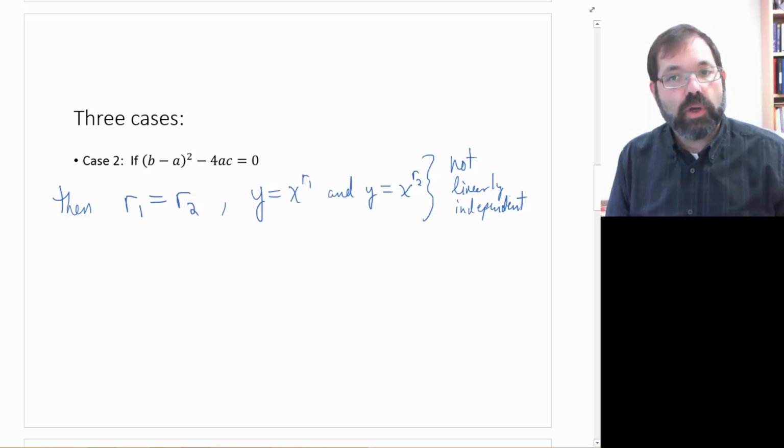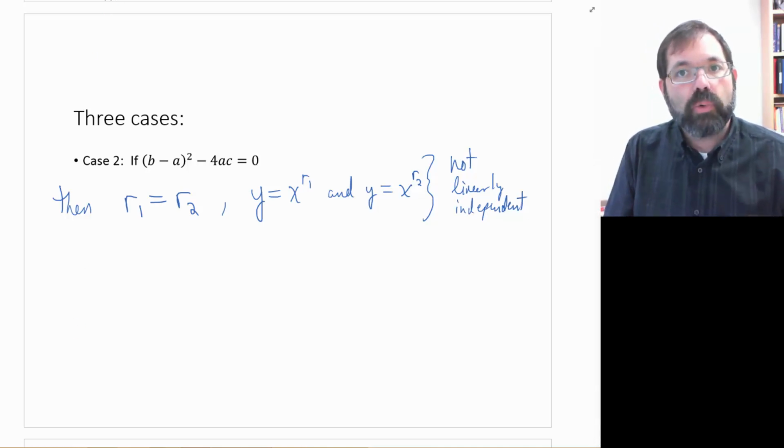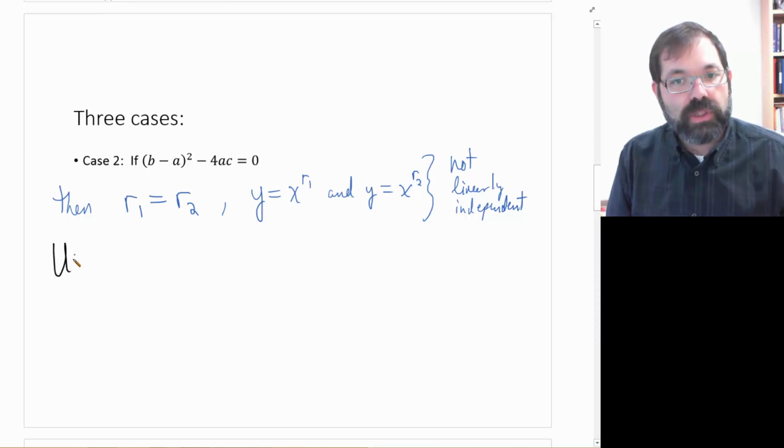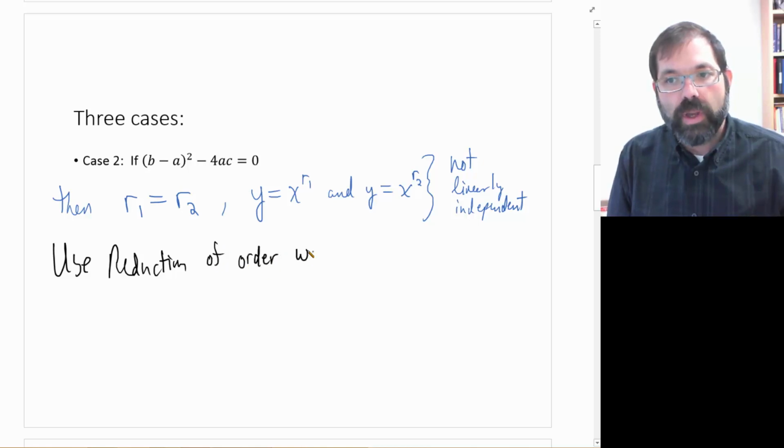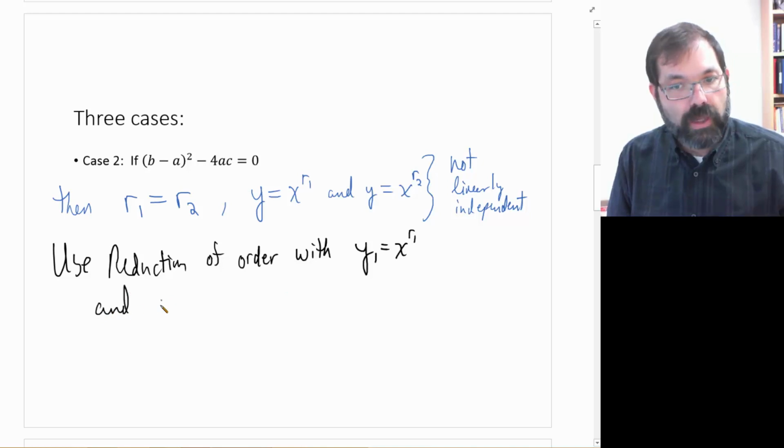So like we did for the constant coefficient equations, what we would do now is use reduction of order, with our assumed solution y1 equal to x to the r1, and find the v of x.